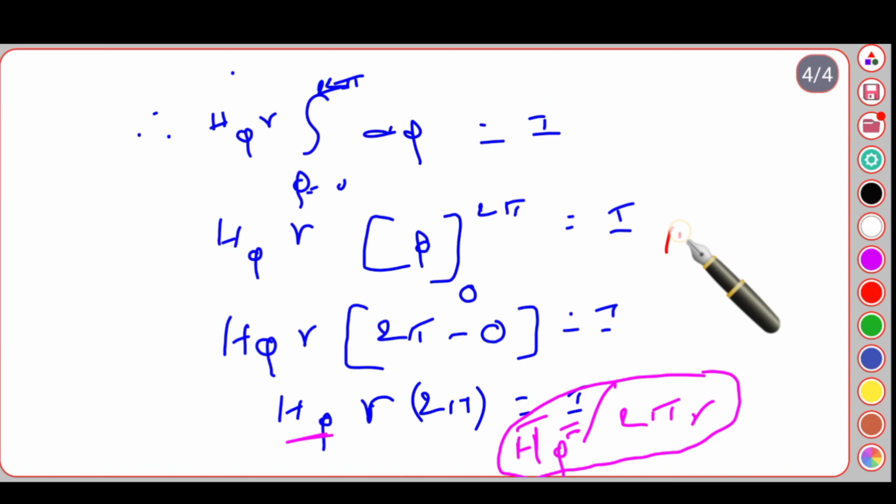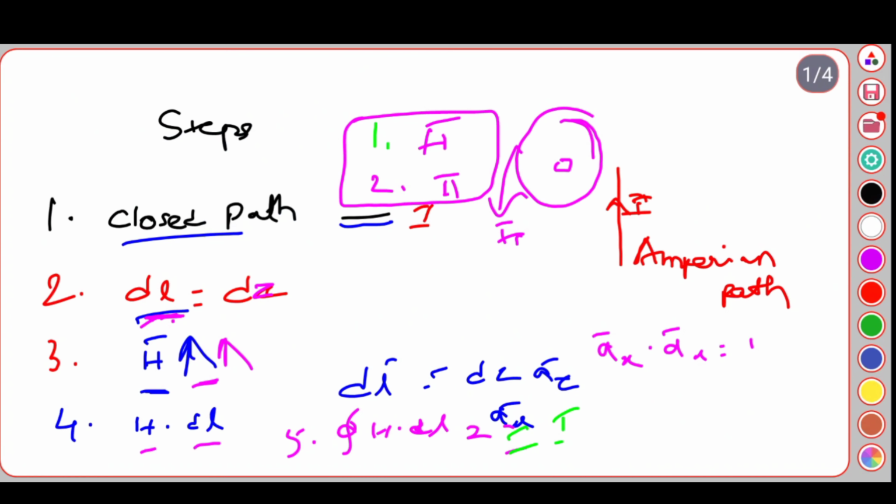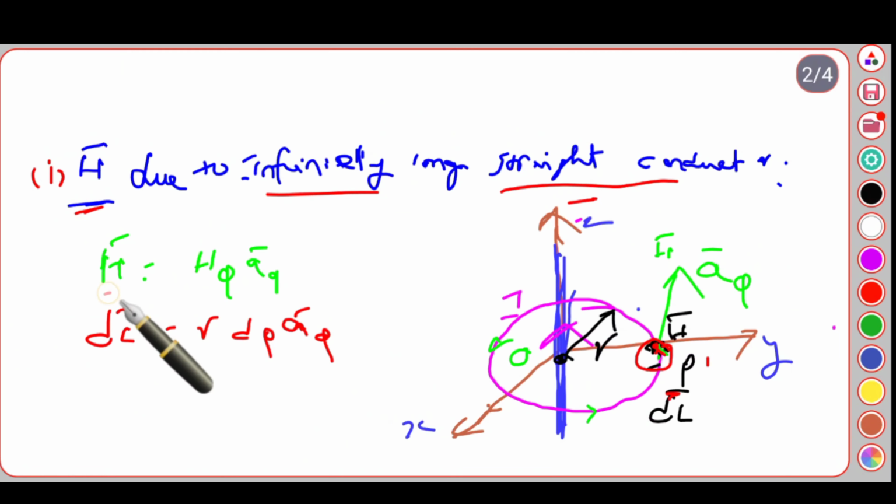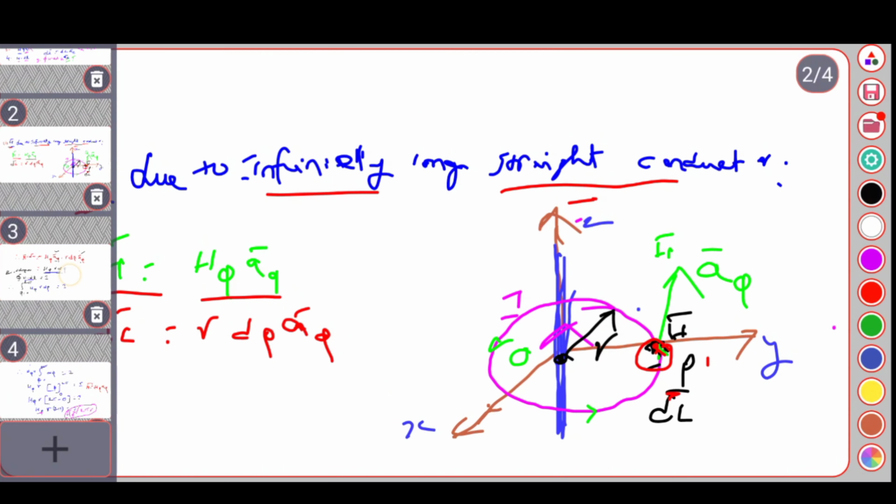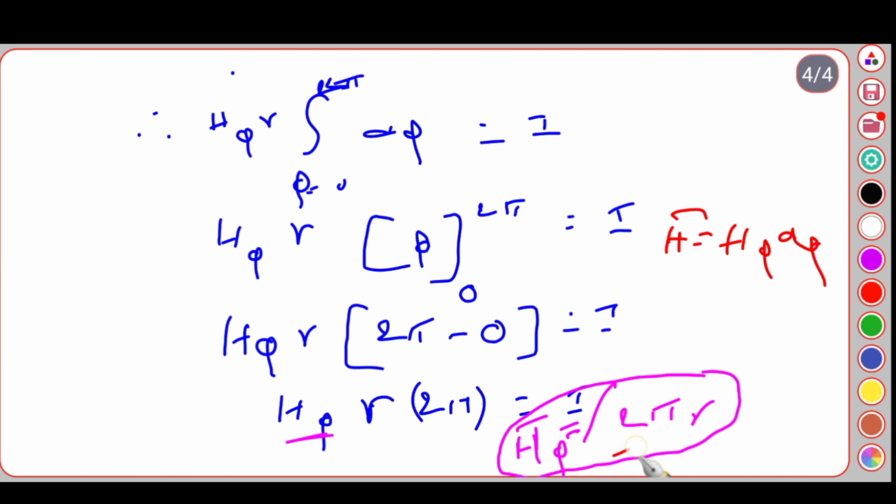We assumed previously that H bar equals H phi a phi. In place of H phi we substitute I by 2 pi r, so H bar equals I by 2 pi r a phi, in amperes per meter.